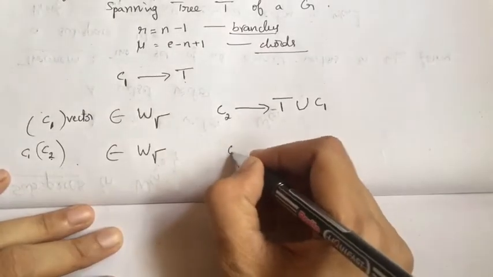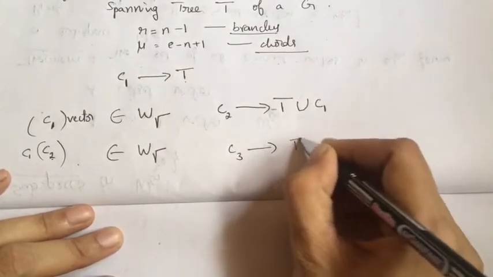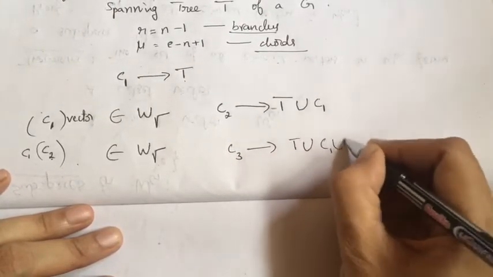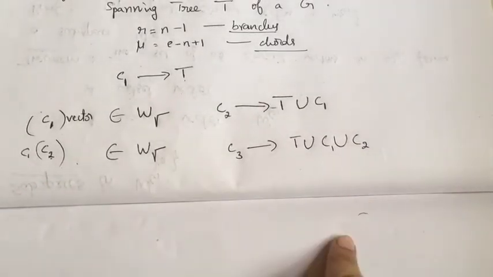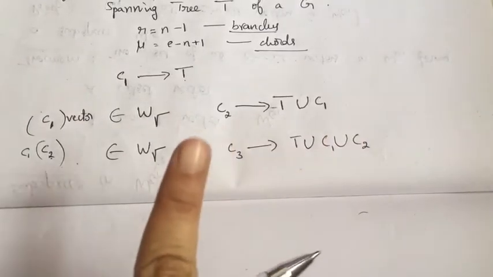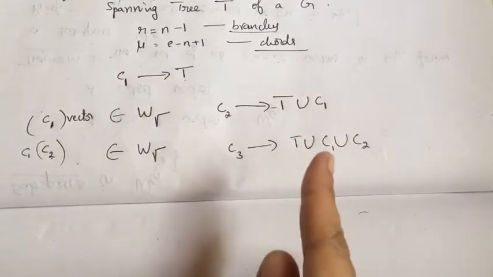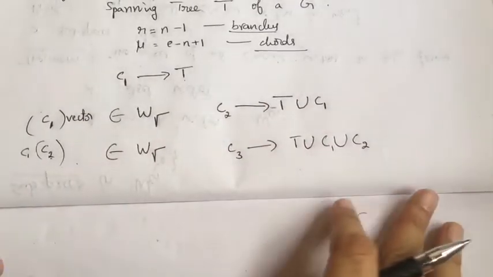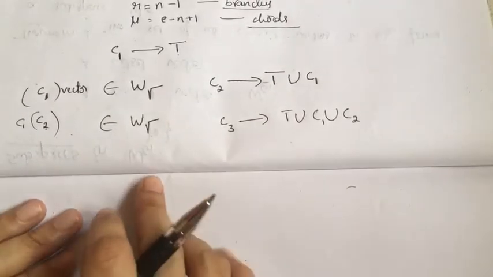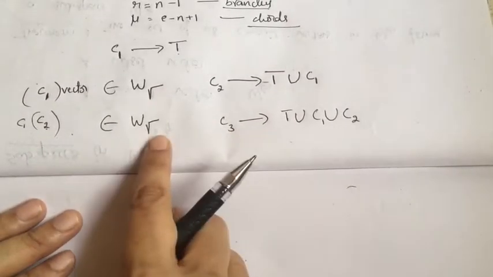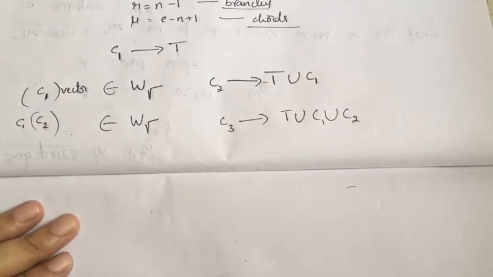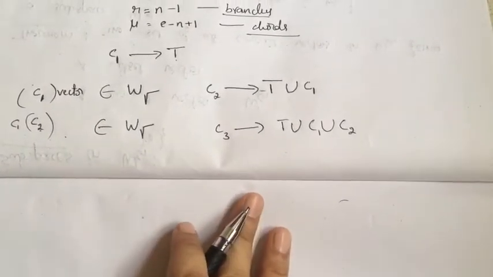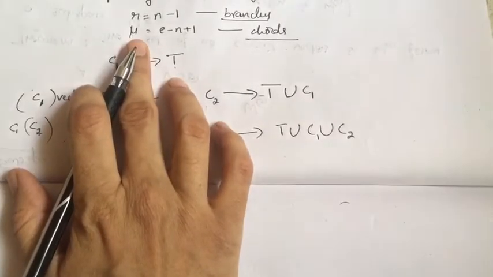I'll add one more, a third chord. It will give another fundamental circuit with at least one edge which was not found in the previous circuits. Therefore, the third circuit vector can also be added to the basis. Continuing this process, see how many chords there are: I have mu chords.